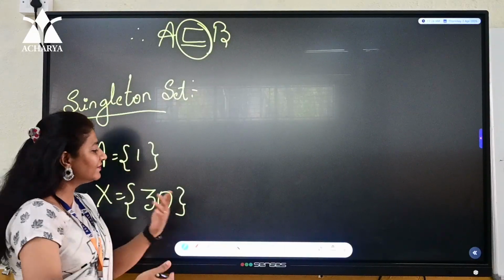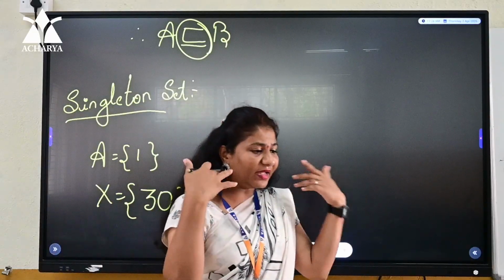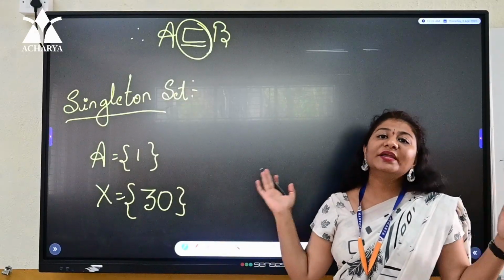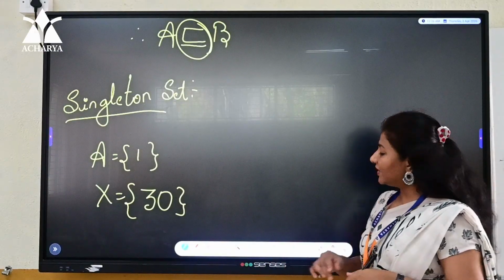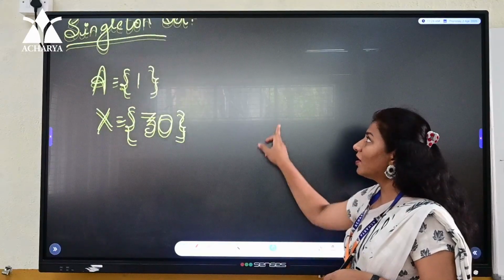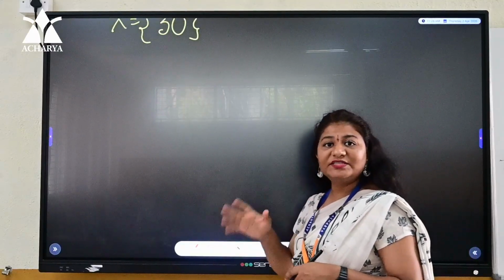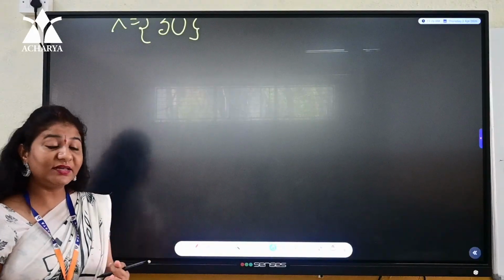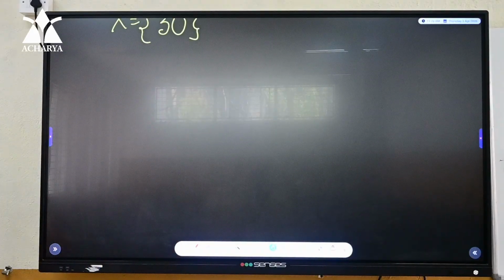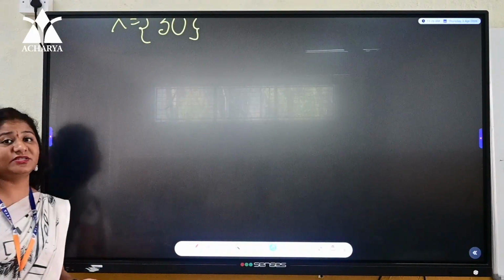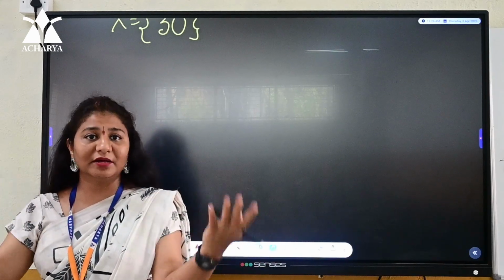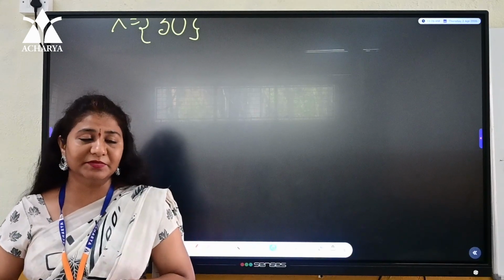So we have been revising every set. How is it related to real numbers? In real numbers you can see n number of elements of a set. Which are those? Natural numbers, whole numbers, real numbers, rationals, irrationals and integers. It is a whole bunch of things we learn about real numbers.